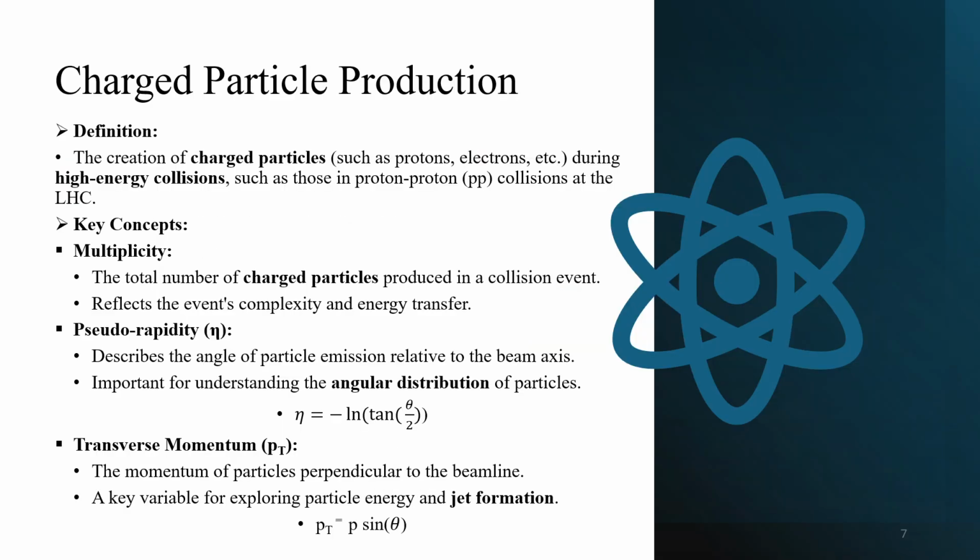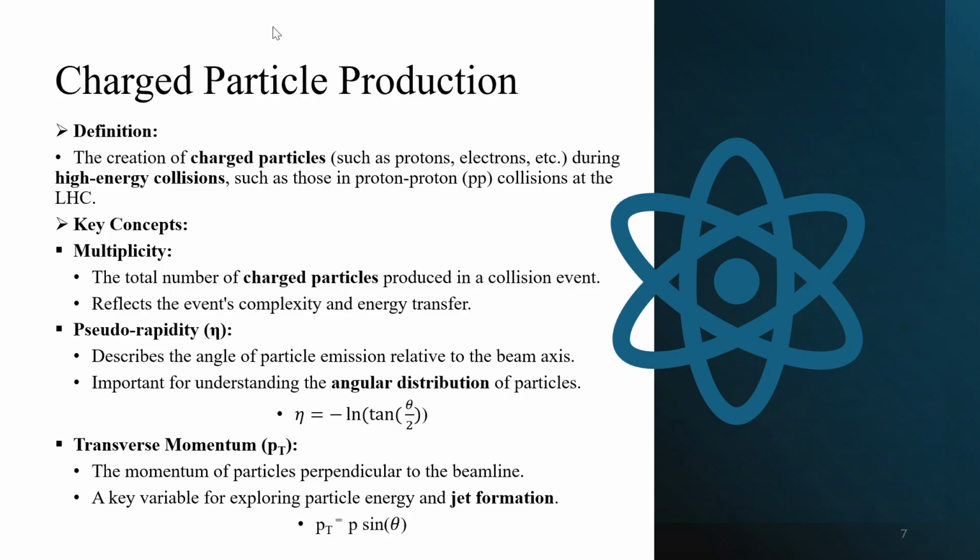Now, charged particle production: charged particles such as protons are produced in high energy collisions at the LHC, and we discuss parameters like multiplicity, which is the total number of charged particles produced in a collision event, and the pseudo rapidity, which is the angle of particle emission relative to the beam axis, and which is important for understanding the angular distribution of particles.